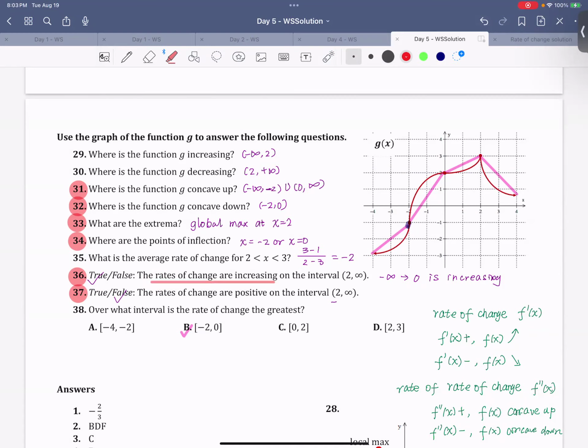If you say rate of change is increasing, this is called concave up. If you say rate of change is decreasing, this is called concave down. Don't confuse this with this. This positive is going up. This is concave up.